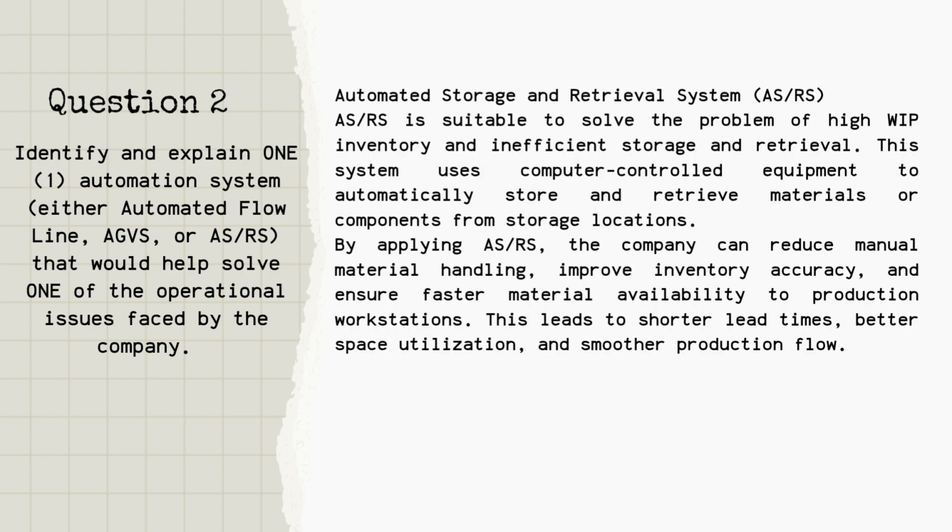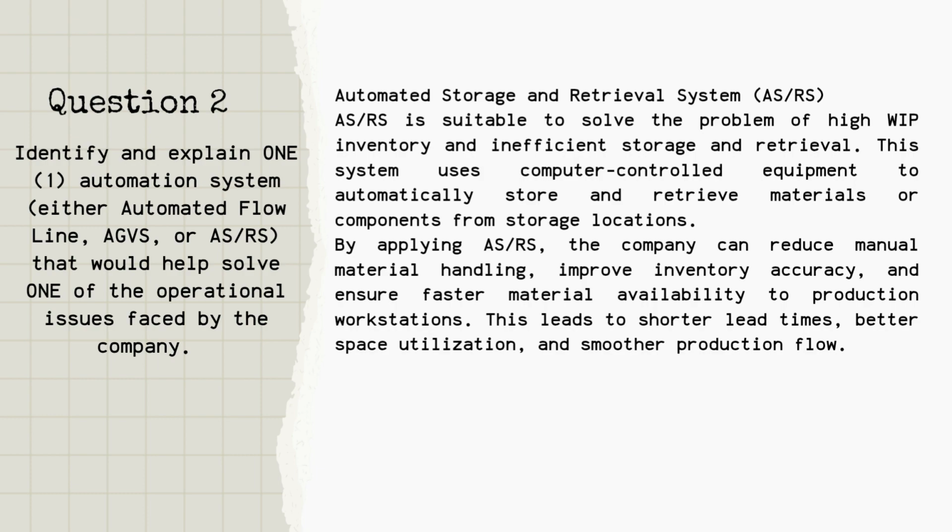So my answer is automated storage and retrieval system, ASRS. It is suitable to solve the problem of high work in process inventory and inefficient storage and retrieval. This system uses computer control equipment to automatically store and retrieve materials or components from storage locations.